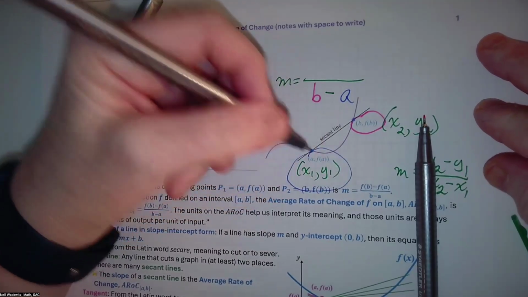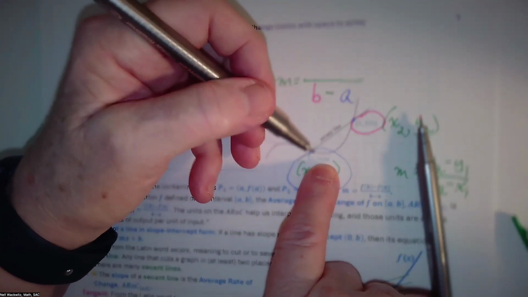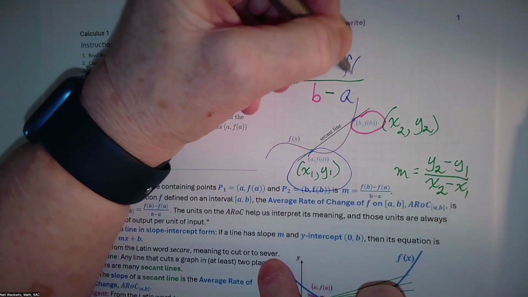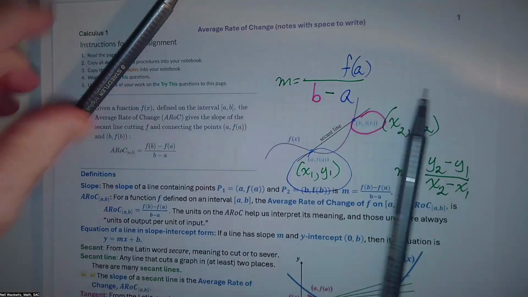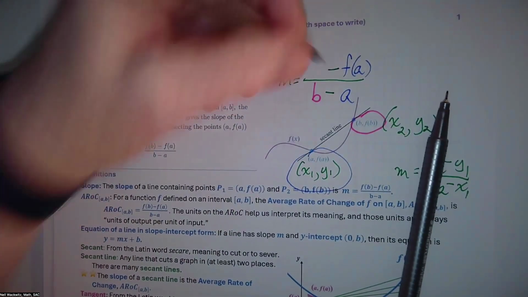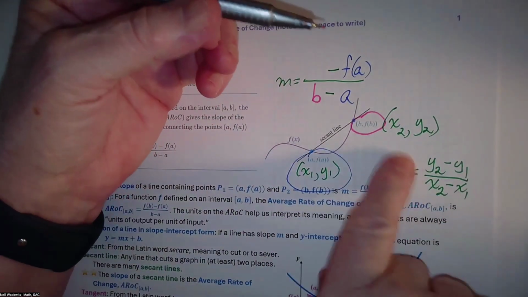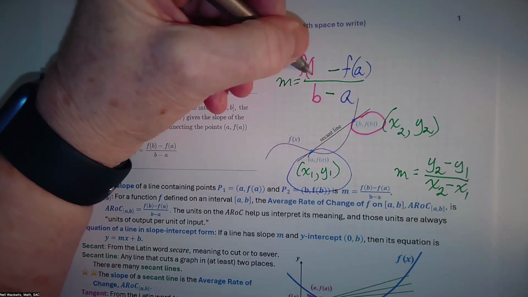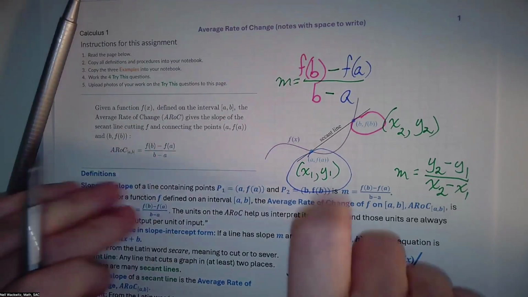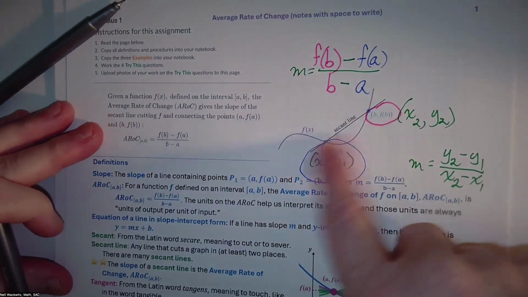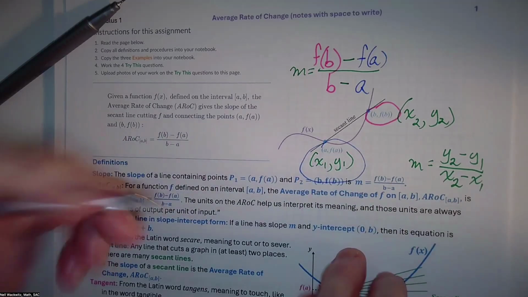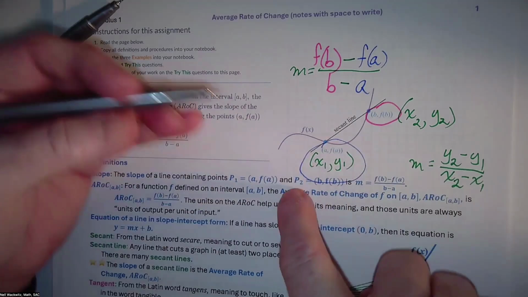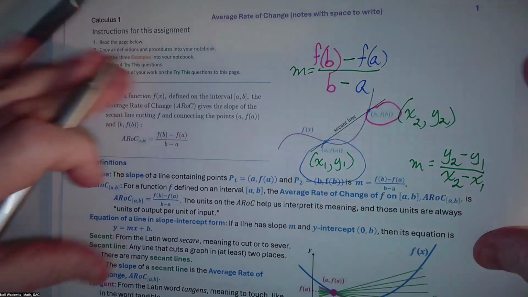So we're using f of a for y1, and we're using f of b for y2. And that gives us the slope of this line that joins 2 points. Those points happen to be on this curve, f of x.